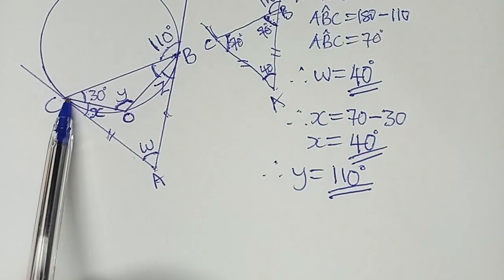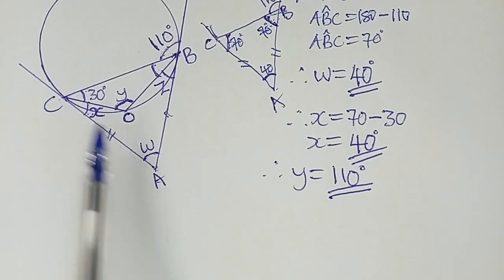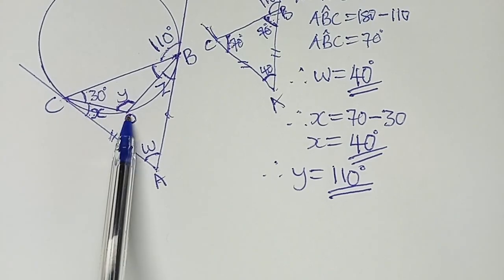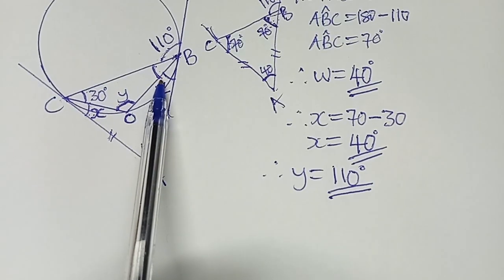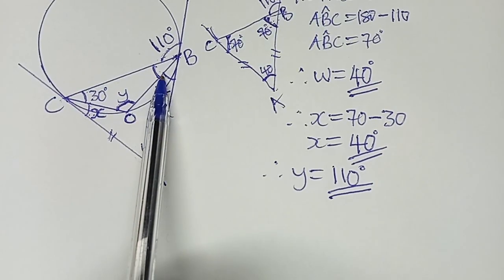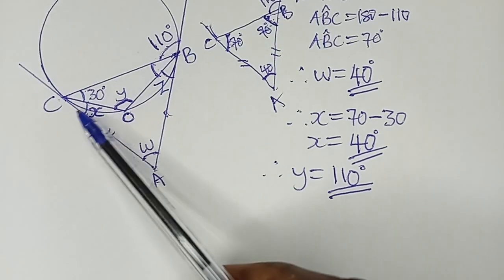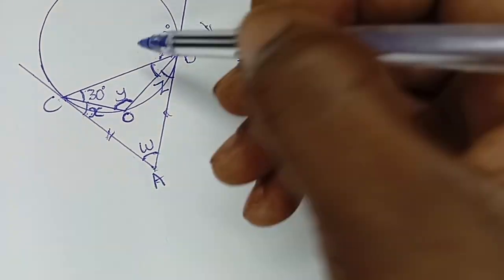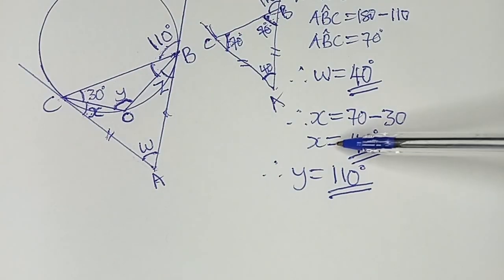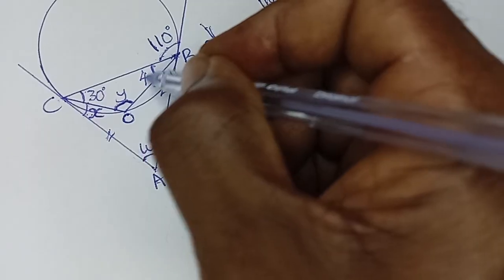Once this chord CO is making angle X with this tangent, it also means that this chord CO will make the same angle with the angle inside the triangle. So this angle here will also be equal to X. And the value of X that we obtained before is 40. So that means this angle here is 40 degrees.